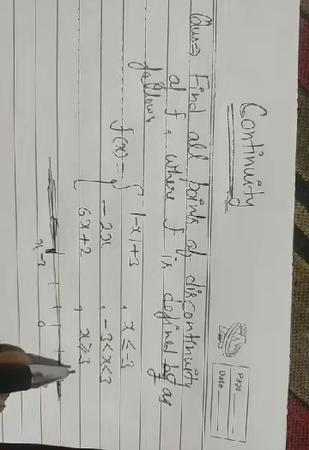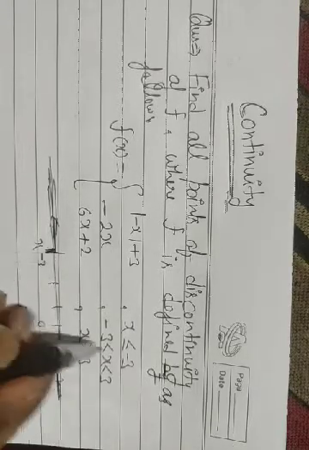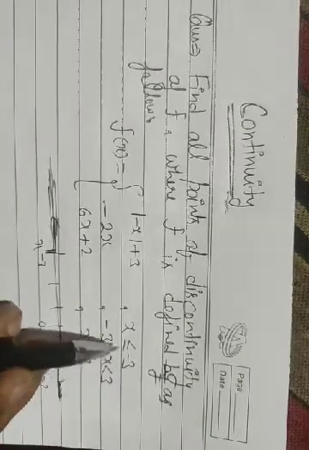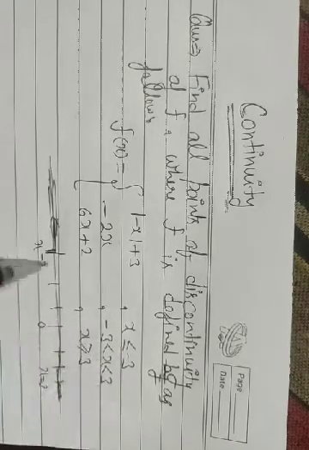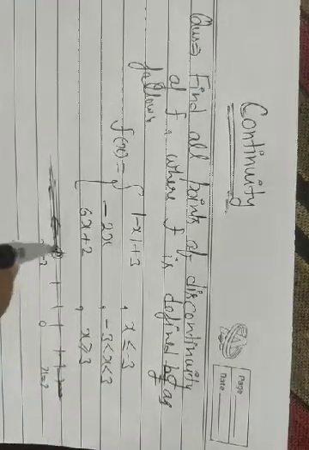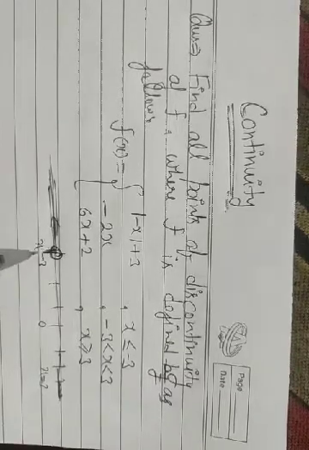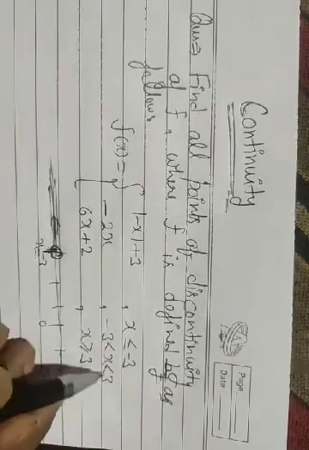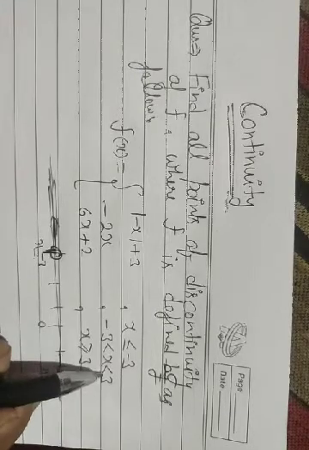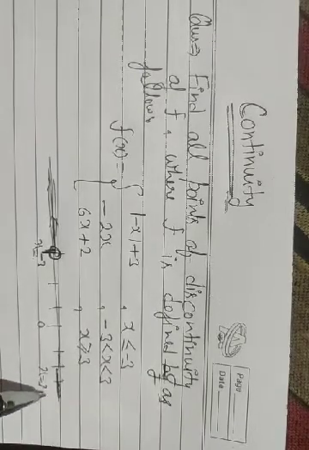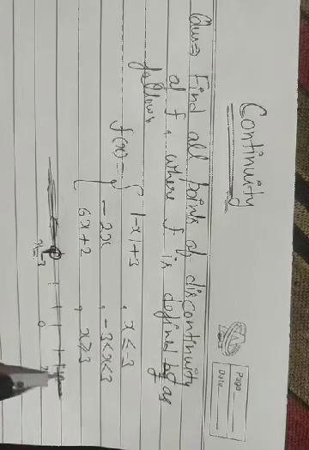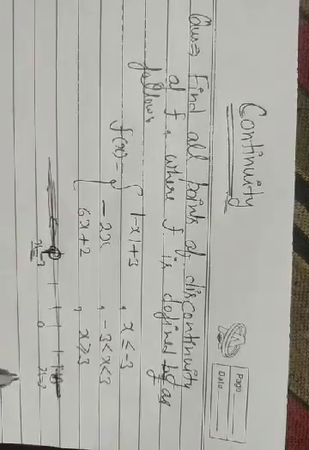Now, at which points do we have to discuss? The function is defined for x less than or equal to minus 3 and for x greater than minus 3 up to 3, so we have to discuss two points: x equal to minus 3 and x equal to 3.